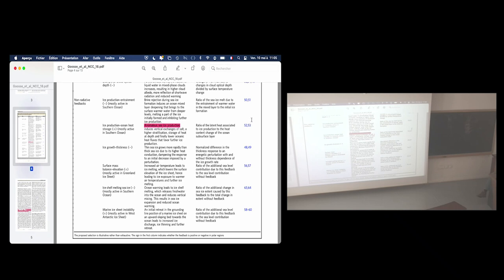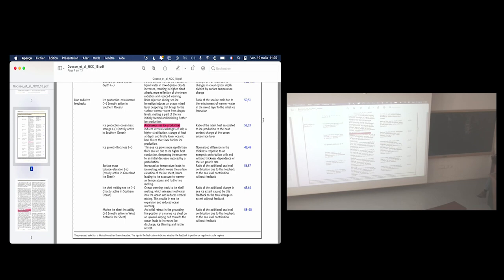You mean the ice production, ocean feedback? One of them really relates to the fact that when you produce ice, you bring in heat immediately in the surface layer and then dampen the production of ice. And the other one is more complicated.